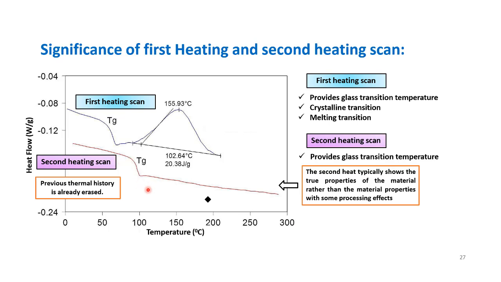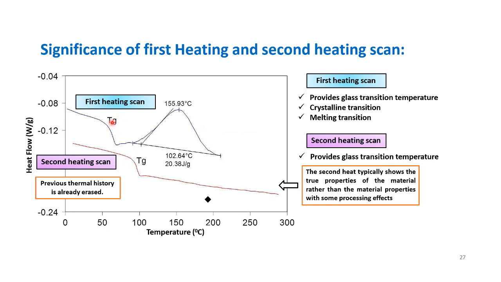In that case we can get a clear Tg which is not affected by the thermal history of the material, and that can be checked. So a better value of the Tg will be obtained in the second scan.